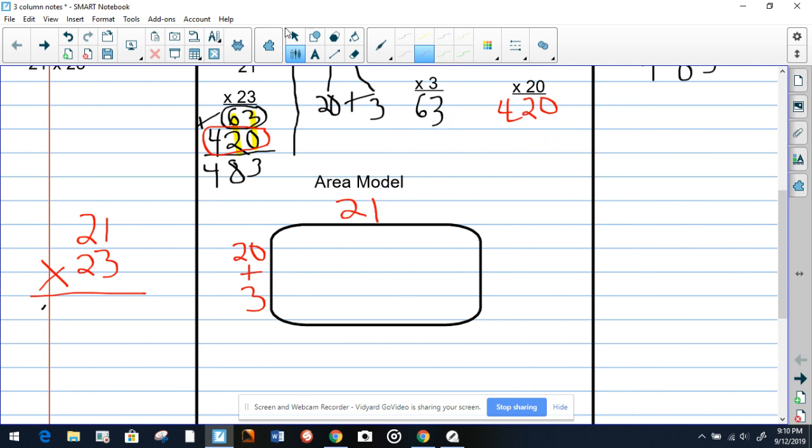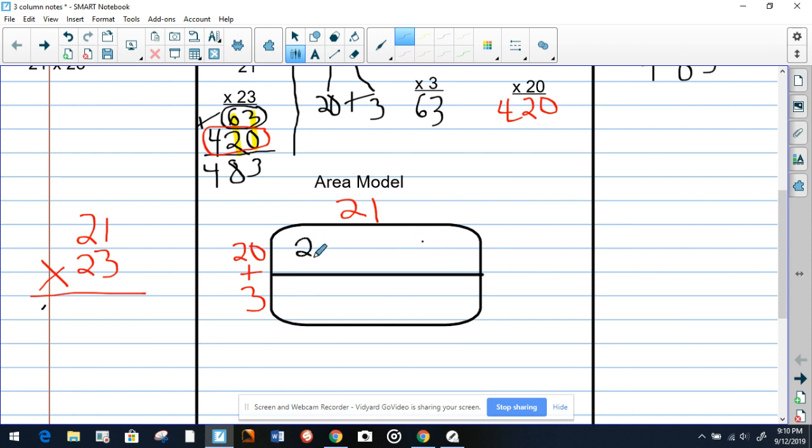Okay, now let's do that right now. But let me show you. This is why it's called the area model, because you separate the area for the tens and the ones. So when you do that, then you can just say, okay, what is 20 times 21? Well, we know that the zero is represented by a 10.